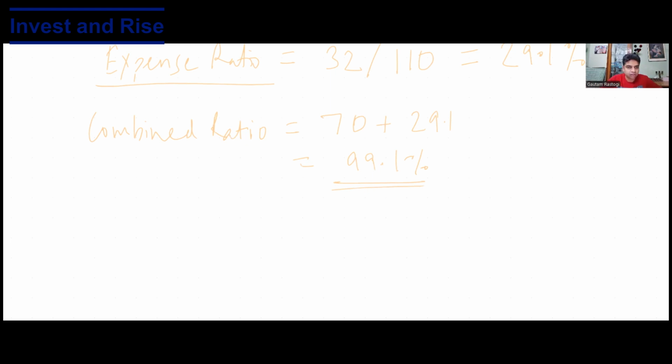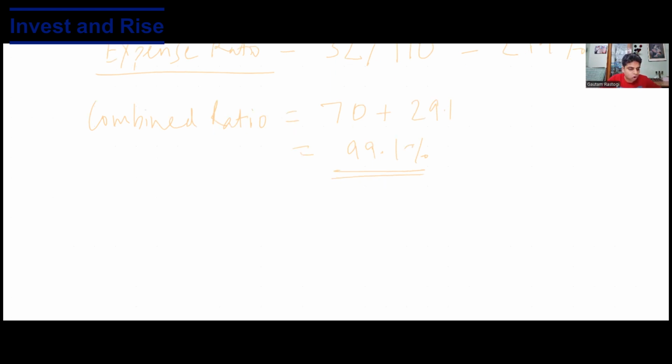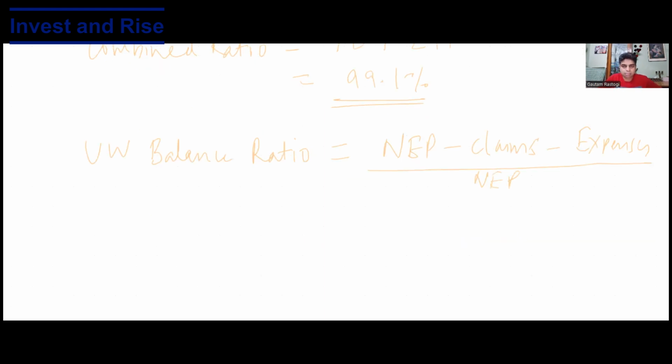There's another useful metric which is called underwriting balance ratio. Underwriting balance ratio is net earned premium minus claims minus expenses, all of this divided by NEP. Basically what it says is, are you making an underwriting profit or an underwriting loss?